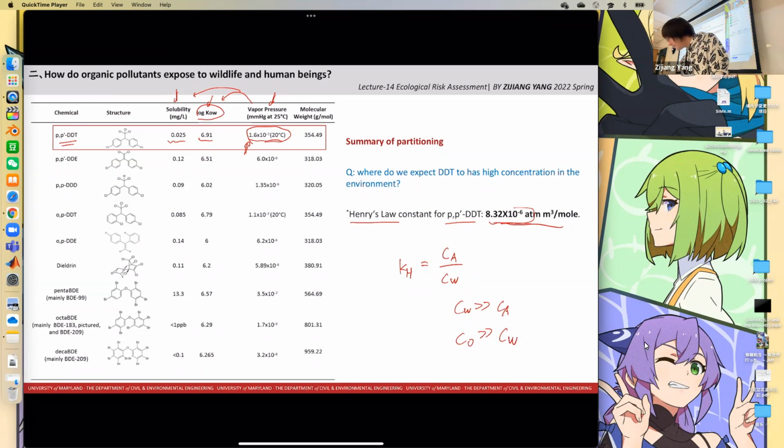So in this case, CO is much larger than CW, and CW is much larger than CA. So DDT is more likely to stay in the organic phase, like in organisms or in the organic matter in the soil, than in the water, and then in the air at equilibrium. For this one, do you guys have any questions? No.